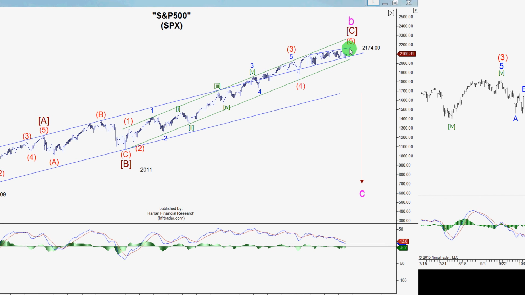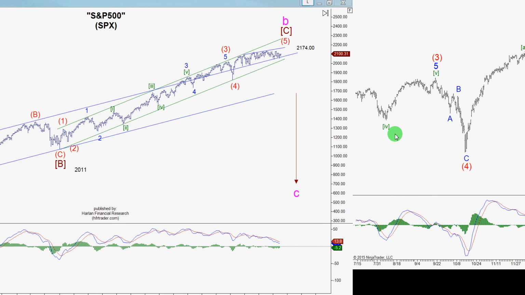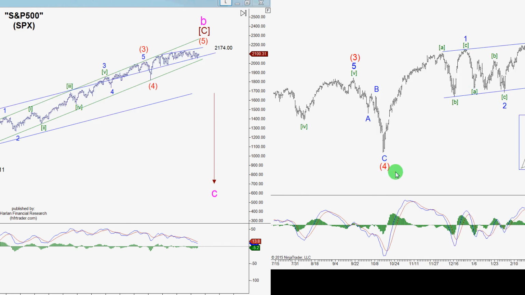And we're also going to do a video explaining, going back to the 2009 low, how we work through where we are currently, later this week. But for now, we come back over here to the diagonal.